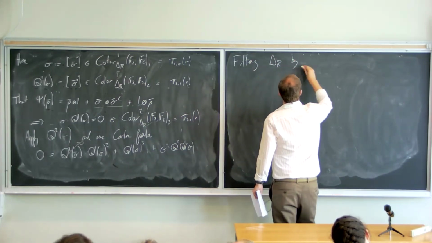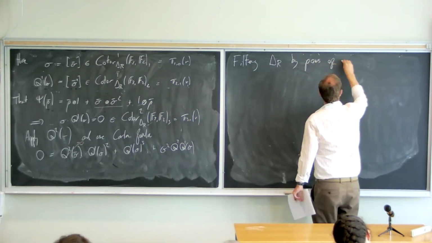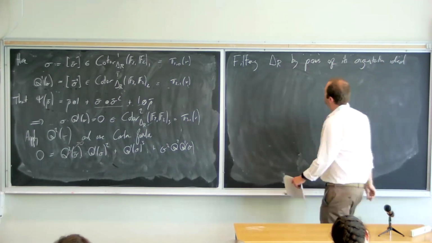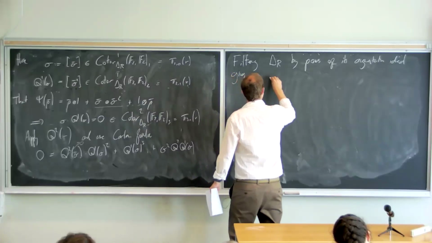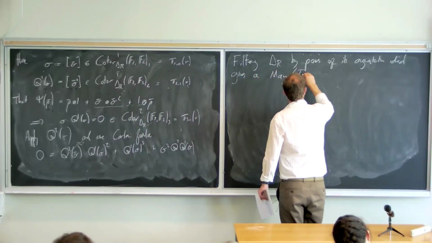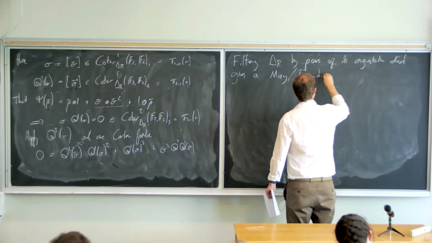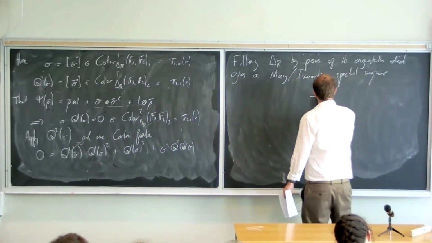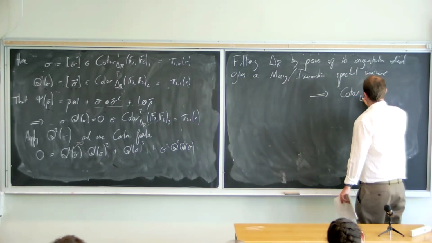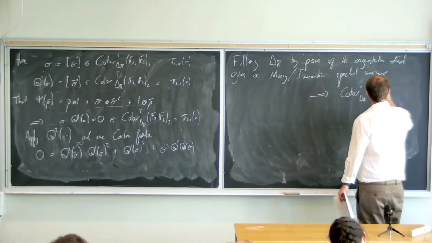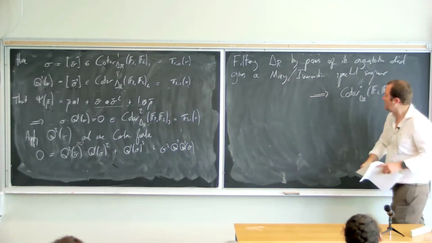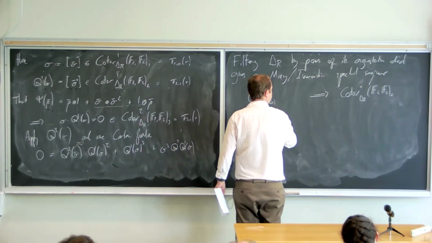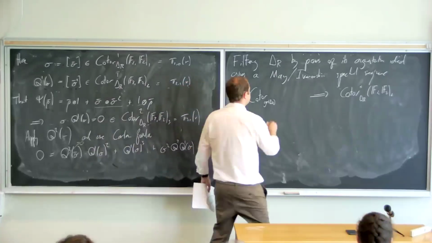So filtering this by powers of its augmentation ideal gives sort of a May slash Ivanovsky spectral sequence, converging to what I am interested in, so Cotor over this algebra, and it converges from Cotor over the associated graded of the filtration by powers of the augmentation ideal.